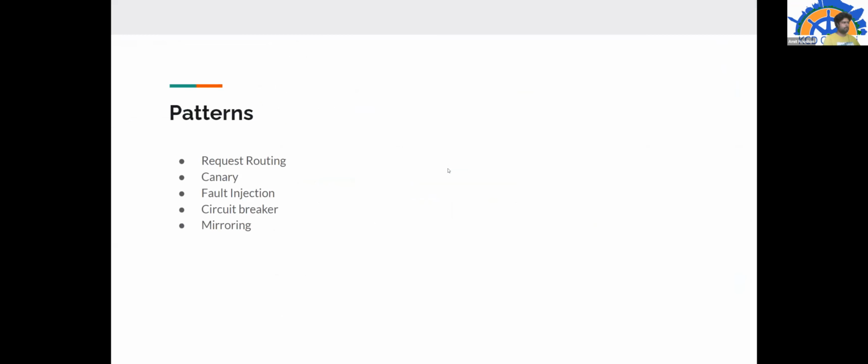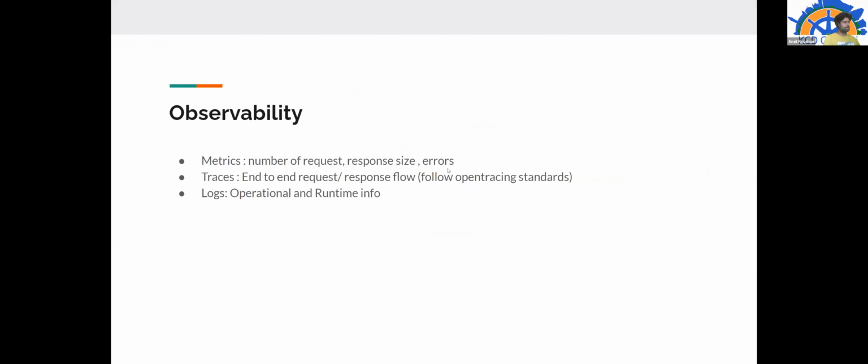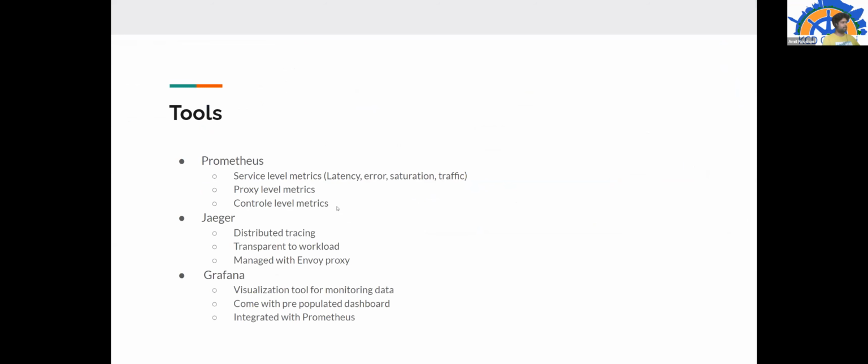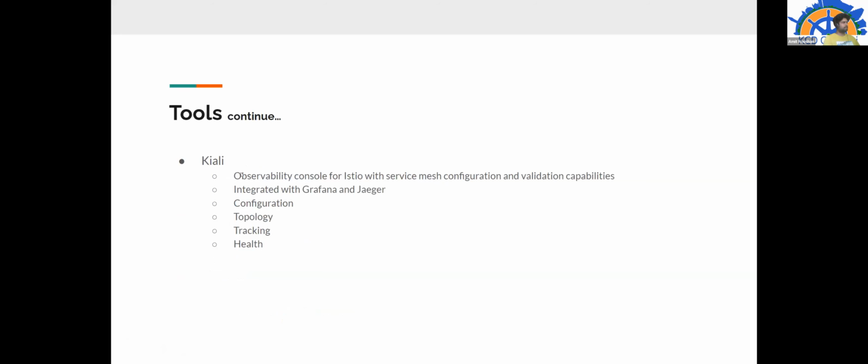Now I was explaining all these tools for observability, and the most interesting is Kiali, because it gives end-to-end visibility of a microservice, and it would have all the information which Grafana and Jaeger have. Also, you will have a nice representation of all the configuration, the topology of the application, tracing and health.